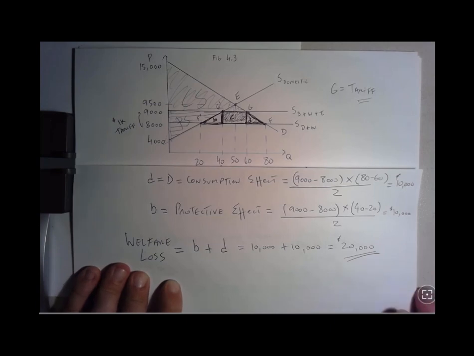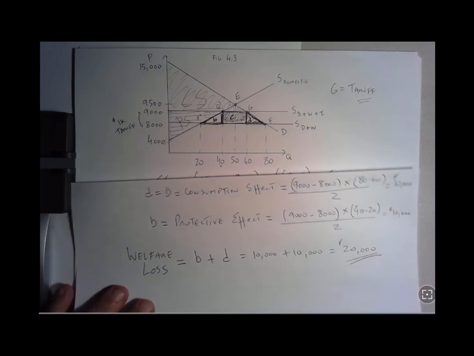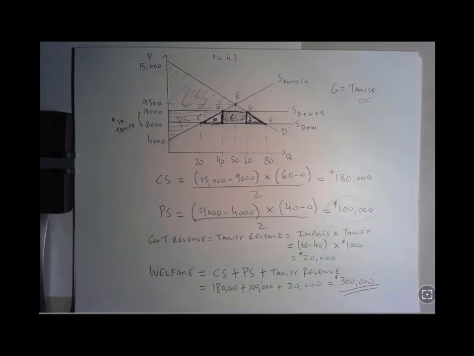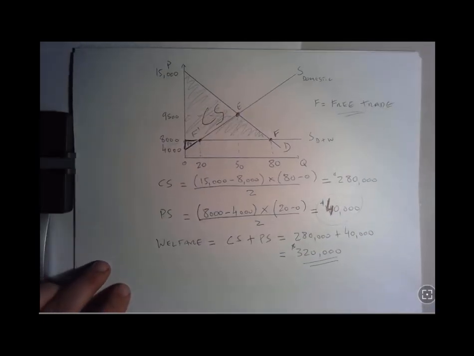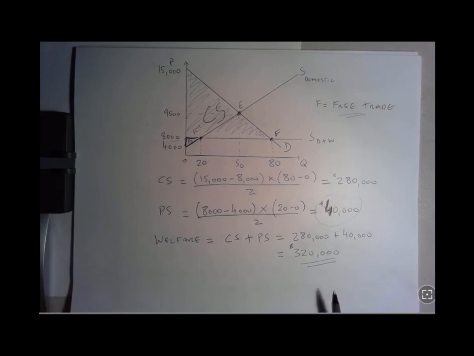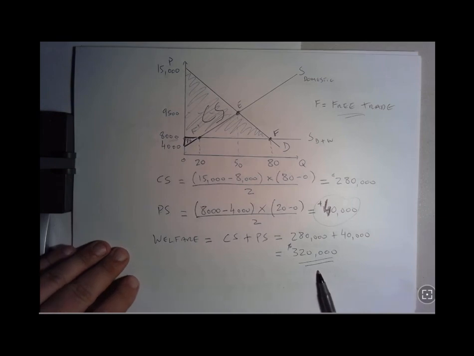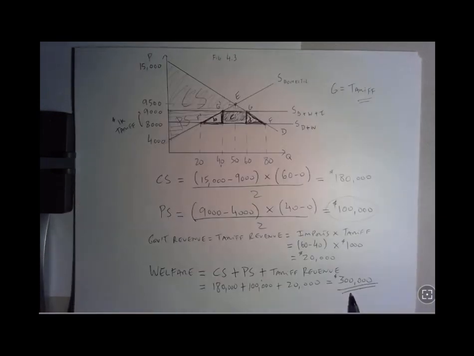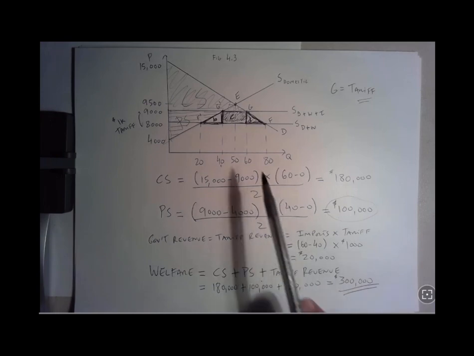Note that this is exactly the difference between how much was welfare under the tariff protection and how much was the welfare under free trade. The free trade we had $320,000 as national welfare, and now we just have $300,000. We lost those $20,000. Why? Because of the protectionism.